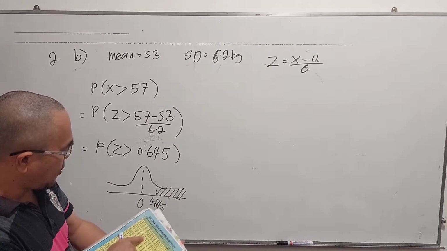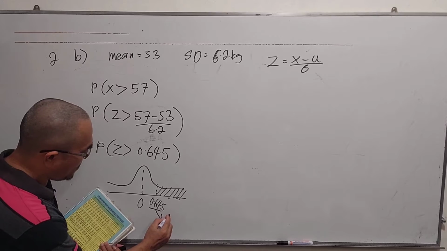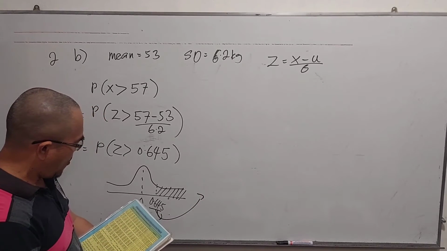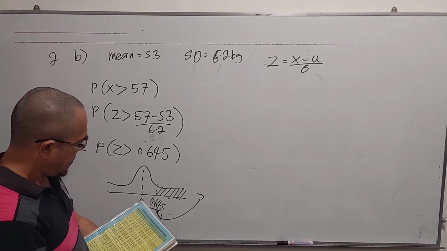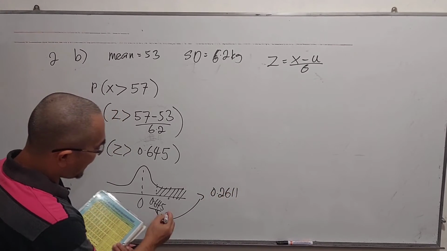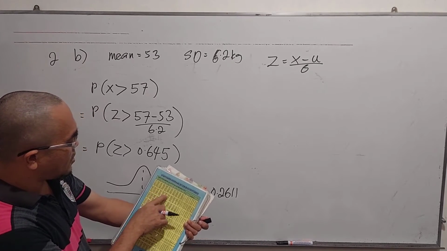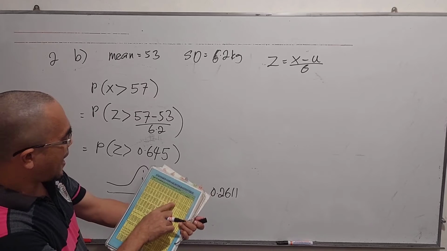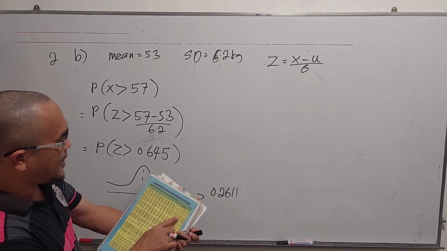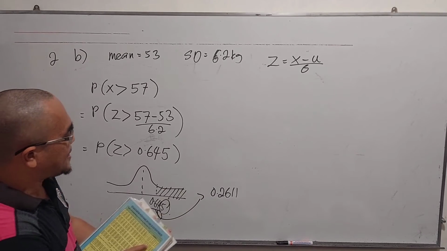So the value that corresponds to 0.64 will be 0.2611. And then for the third decimal, you have to look on the same line, and then look above it, that is to indicate 5. And the value will be here, 16.